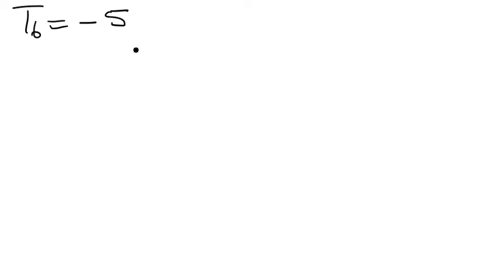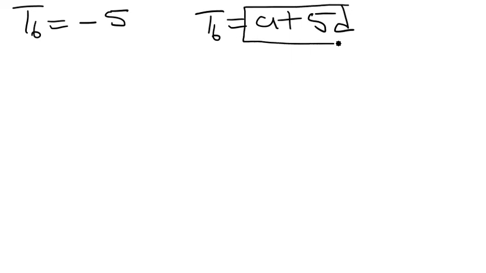All right. So what is it that we know? We know that term 6 is given by A plus 5D, and we are also told that this is equal to -5. All right, so there we're making our life simple.